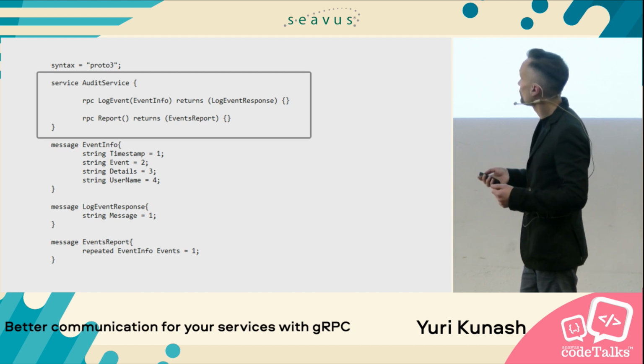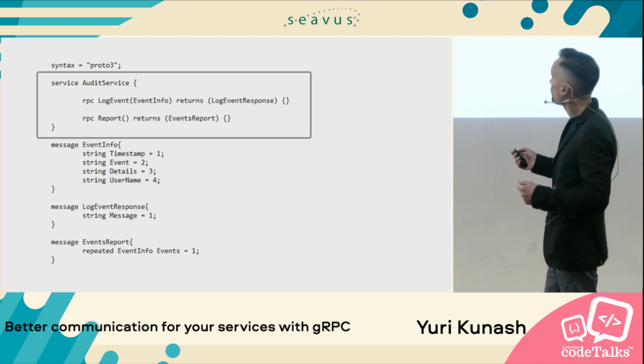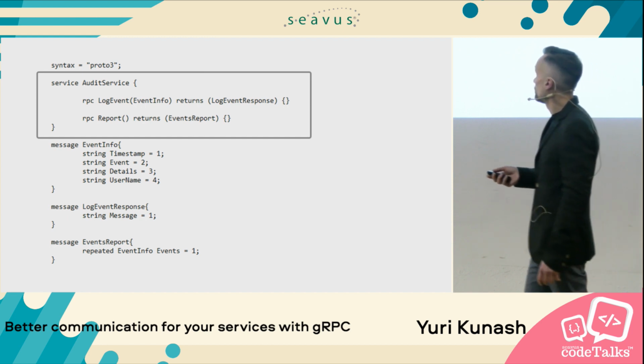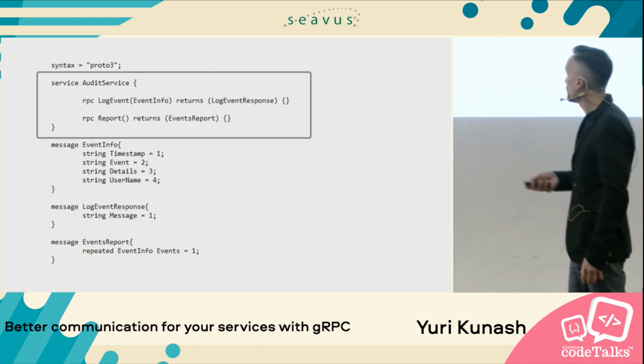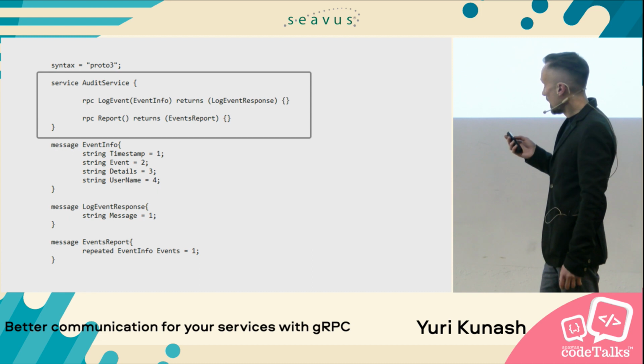This is an example of the service declaration in the proto file. So here's our audit service, which has 2 methods, LogEvent. We are specifying the input of this method and the return value. And that's actually it. It's all we need to do in the proto file to declare the services.